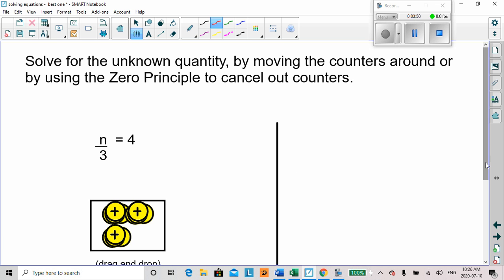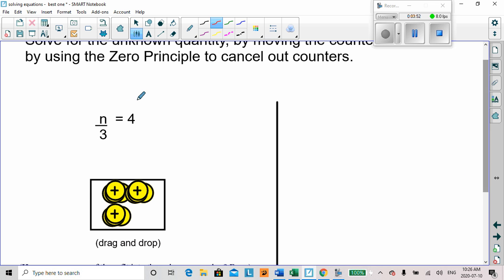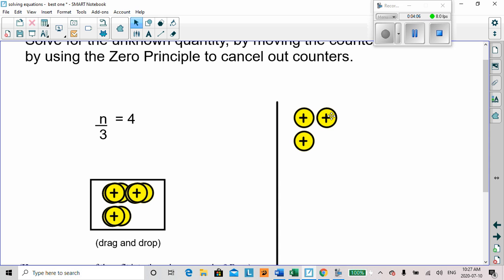I'm going to do one more. This time it says a number divided by 3 is equal to 4. So what I've done to set this up is I've made sets of 3, and I have to make 4 of them.